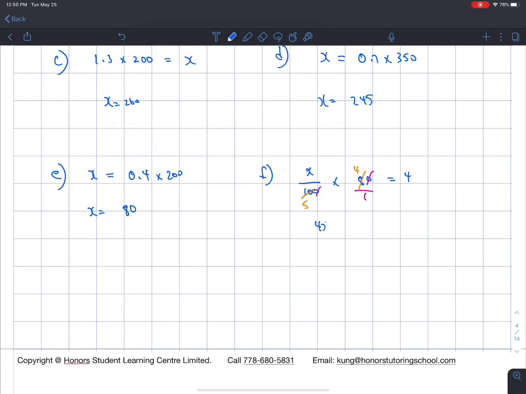So now we have 4x over 5 equals to 4. We can cross multiply the 5 over. We get 4x equals to 20, and then divide both sides by 4. We get x equals to 5, and this is 5%. Right, because that's what they are asking us, what percent. So that's what I meant earlier. When they ask you what percent, after you solve it, you have to put it back. You have to add the percentage sign.